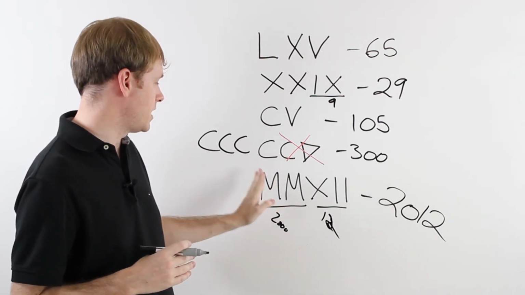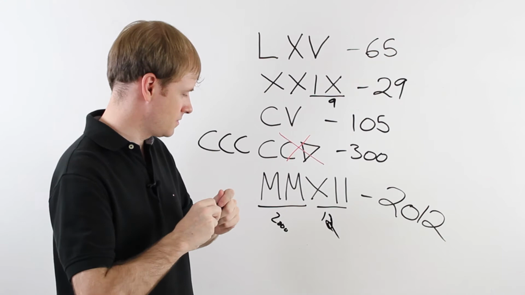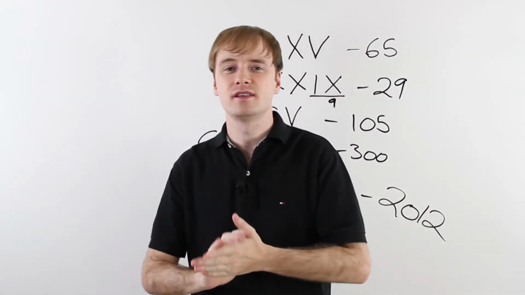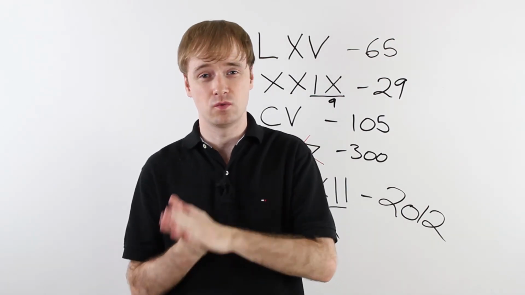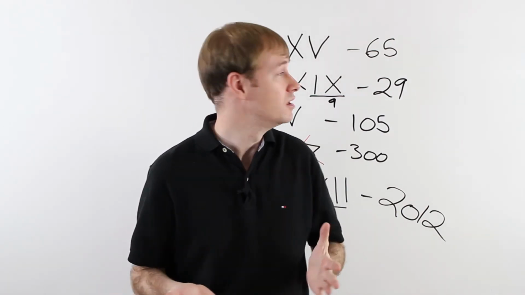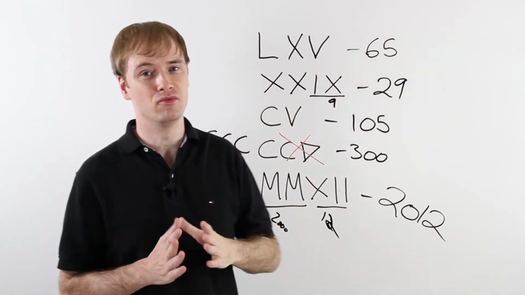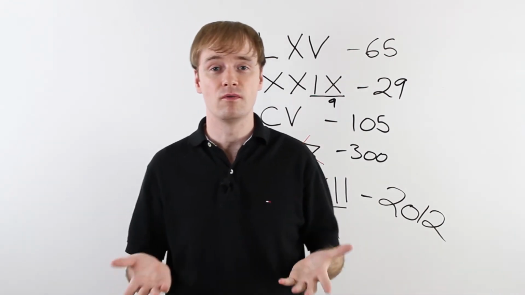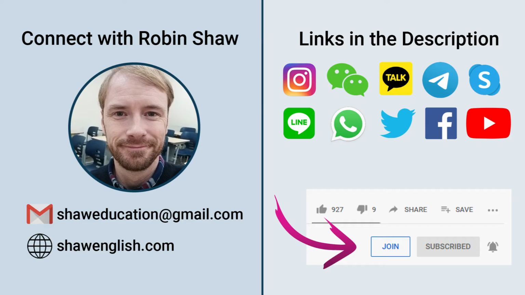It is written MMXII. All right, so that's Roman numerals. Again, you only need to know probably 1 to 12. Those are the most common. Probably you'll never have to worry about these Roman numerals in your life, okay? But this is just for fun. All right, that's it. See you next time.